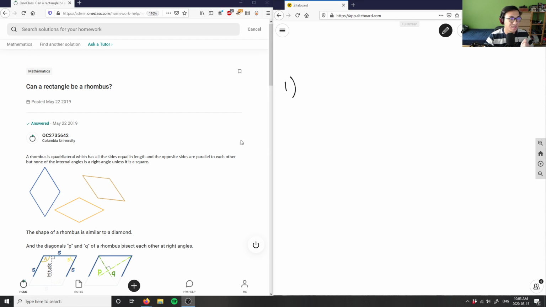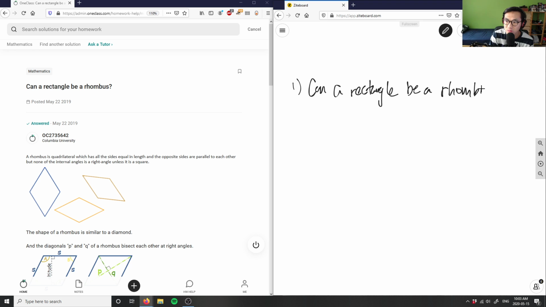So our first question is asking, can a rectangle be a rhombus? A geometry problem here. Let me write this down on the right hand side. Can a rectangle be a rhombus?